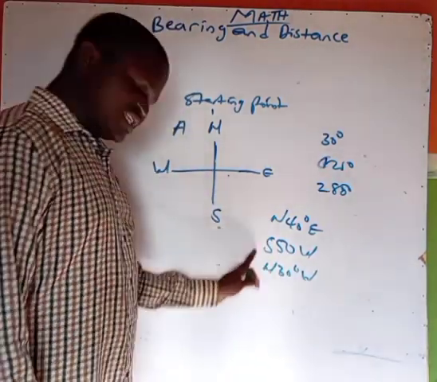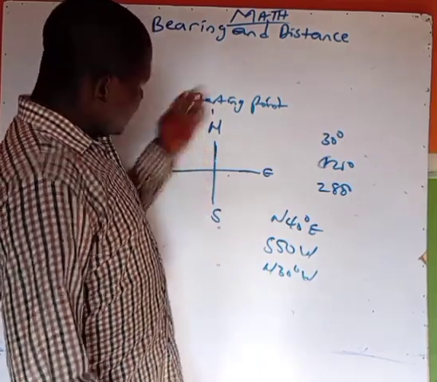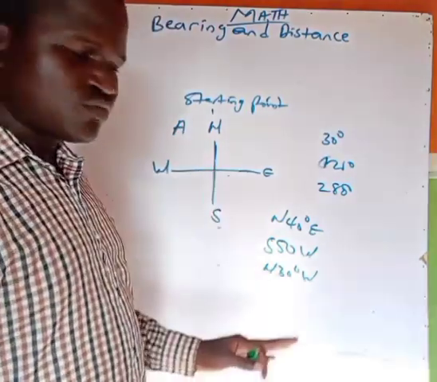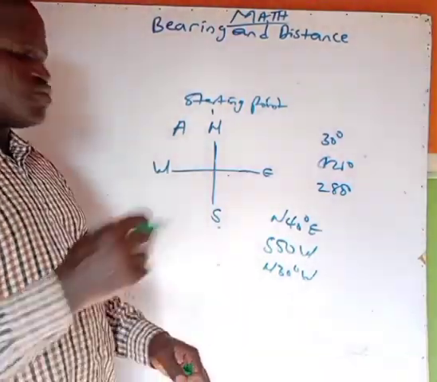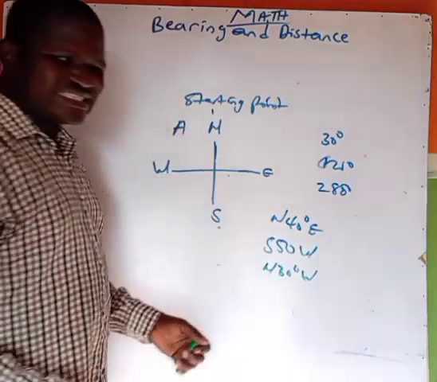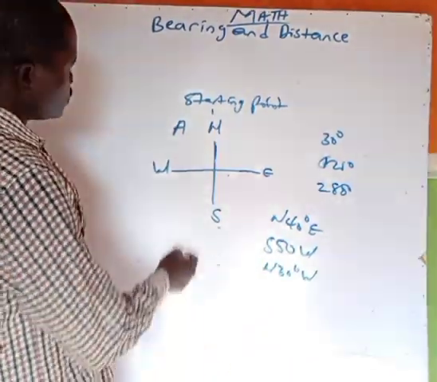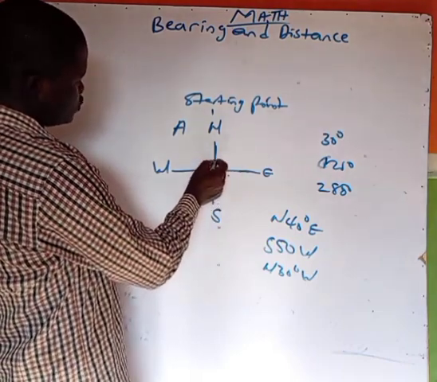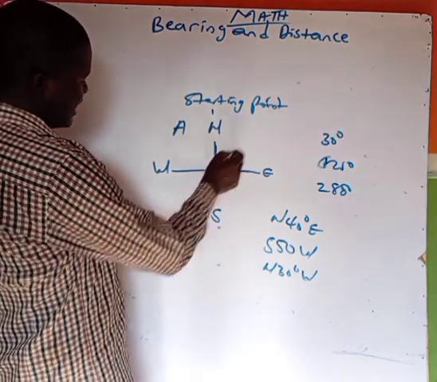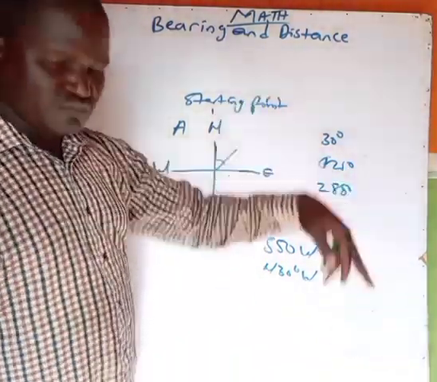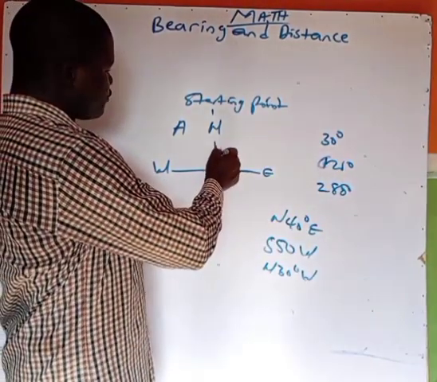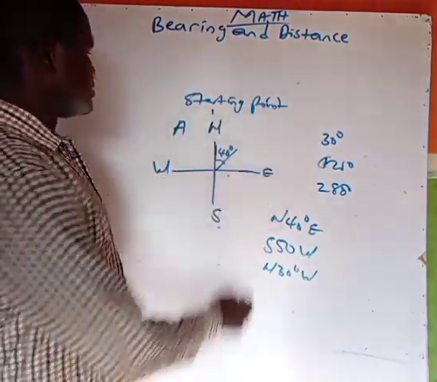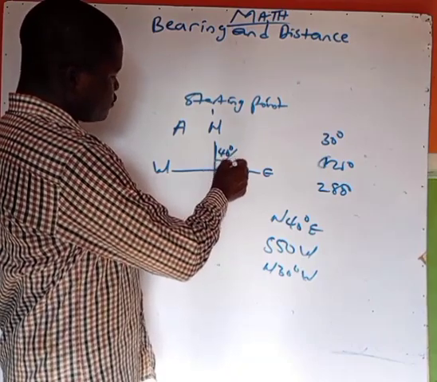So if they tell you that an aeroplane, a man, a girl, whoever, leaves a particular point and moves in the direction of 40 degrees northeast, what you have here is this is northeast. So this side you consider from the north. So here is going to be 40 degrees northeast. This is north to this side, so this part will be 50 degrees.